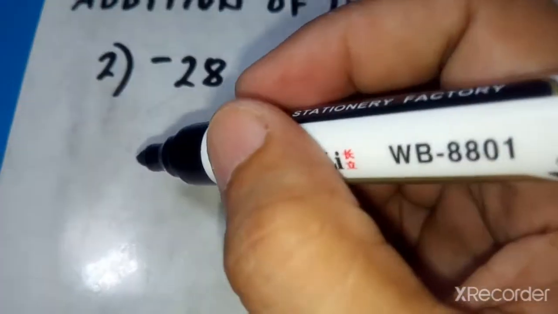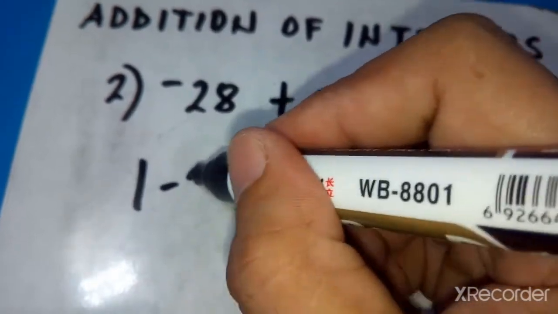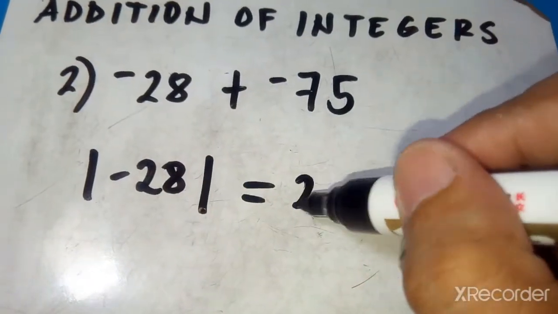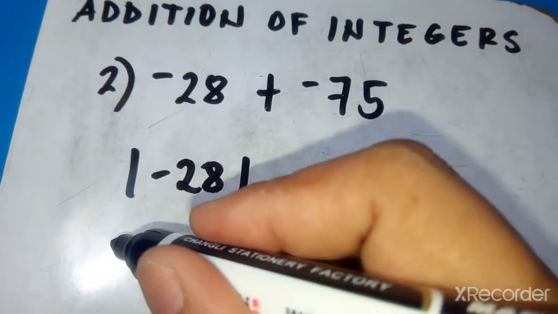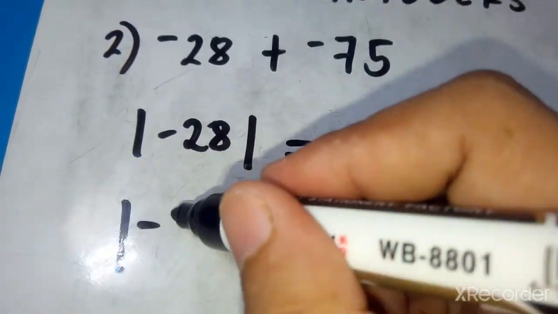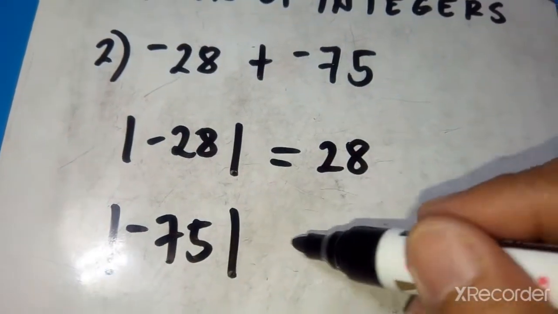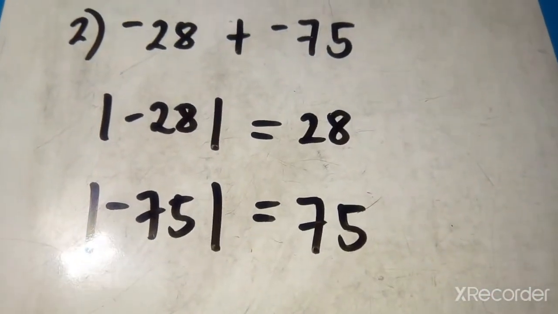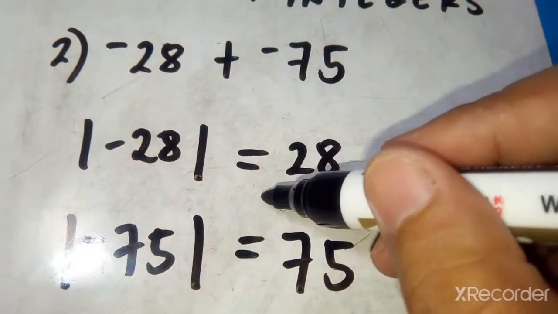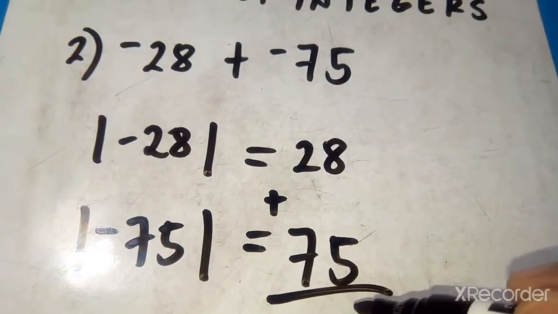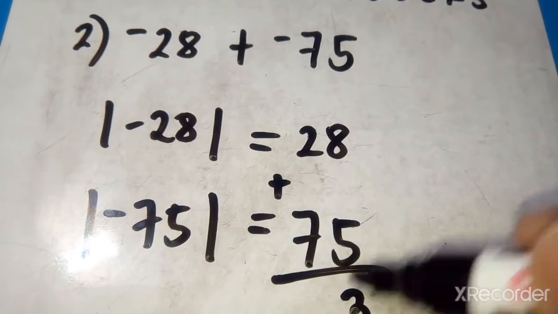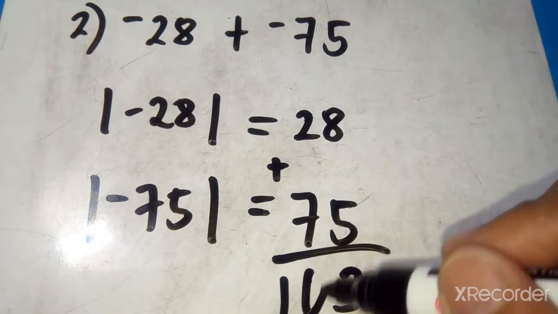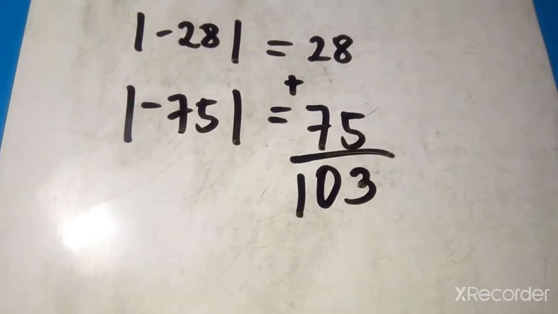Okay, so the absolute value of negative 28 equals 28, whereas the absolute value of negative 75 equals 75. Okay, then add the two. So that's 8 plus 5, so that's 13, carry 1, so it's 103.